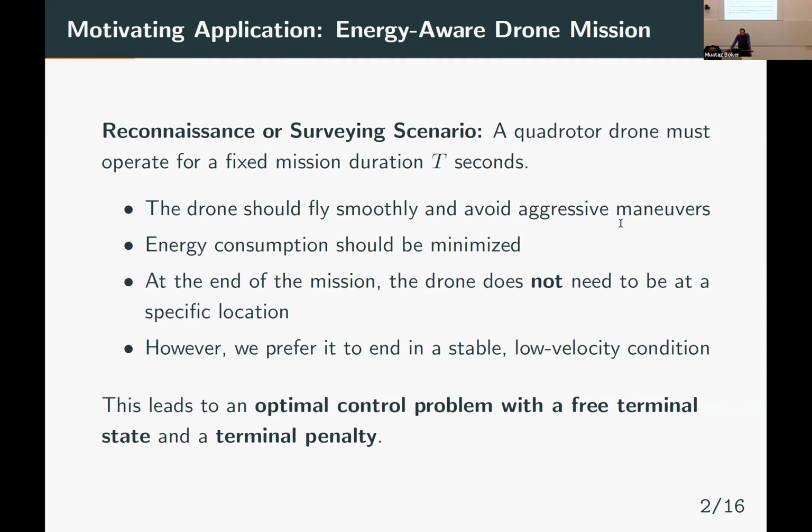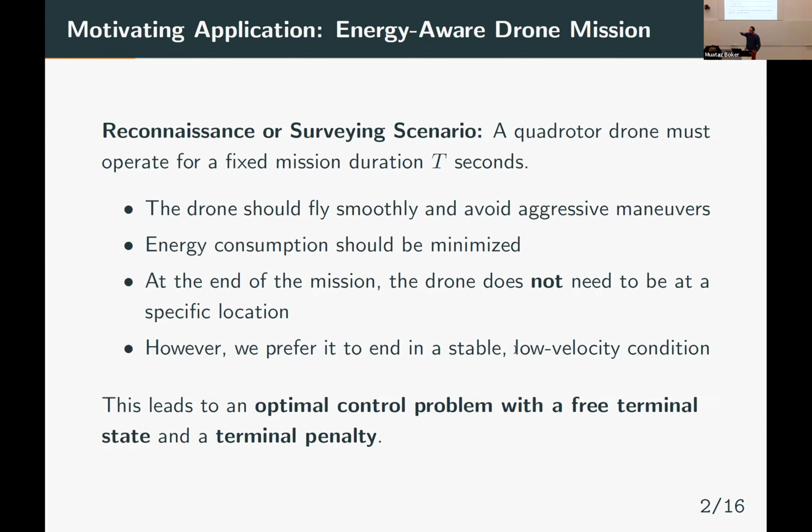Of course, we need to minimize the energy consumption, okay? And at the end of the mission, the drone does not need to be at a specific location, okay? However, we prefer it to end in a stable, low velocity condition. So these are the constraints. These are the operational constraints on the drone in the field, right?